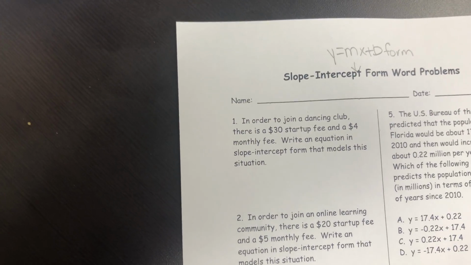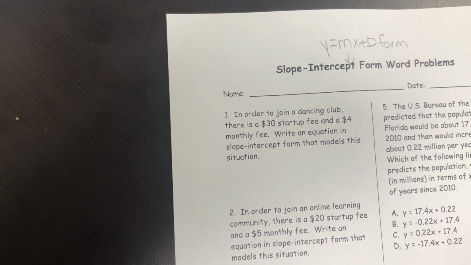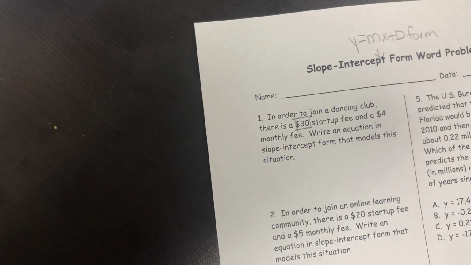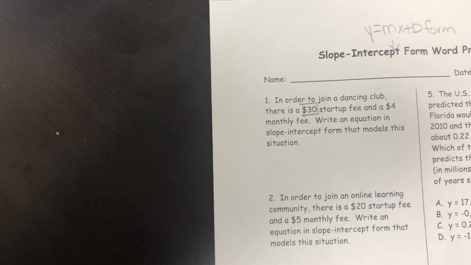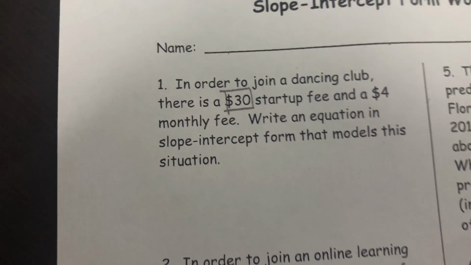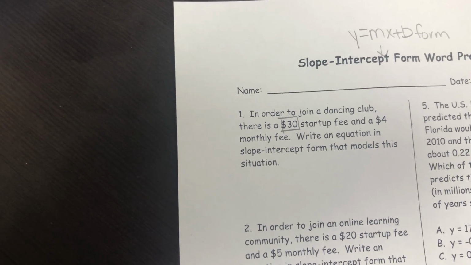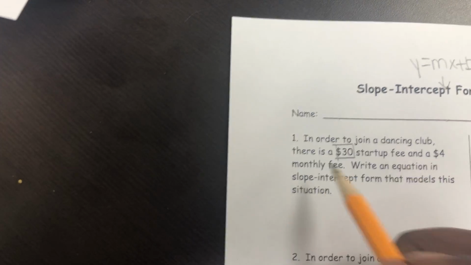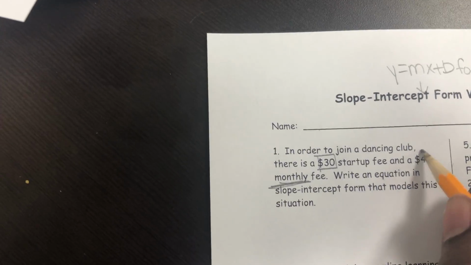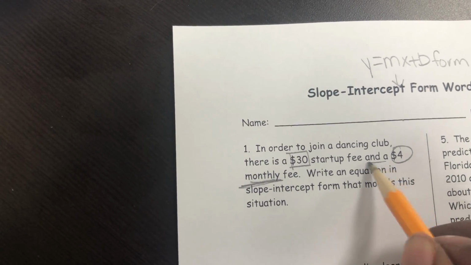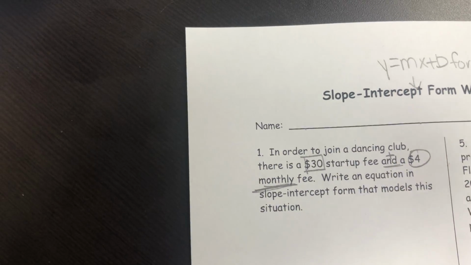So it says, in order to join a dancing club, there's a $30 startup fee. So usually, whenever there's no per or each or monthly, weekly, daily around a number like that, then it has to be boxed. And then a $4 monthly fee. So the fact that this says monthly fee lets you know that that needs a variable on it. And then this word and in this case is going to just mean plus.